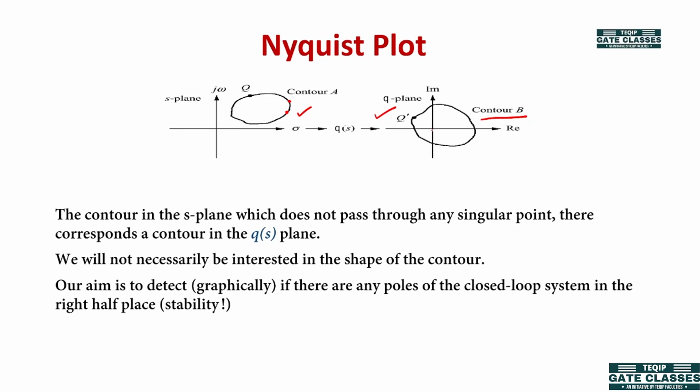If you draw a straight line from the origin, you count how many times this contour encircles the origin. Anti-clockwise encirclements are considered positive encirclements and clockwise encirclements are considered negative encirclements. So if we want to know whether this contour is encircling the origin or not, this is the direction of this curve.